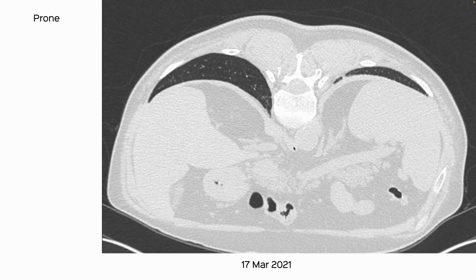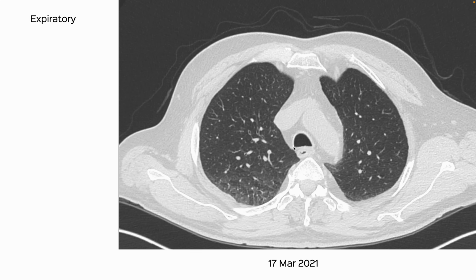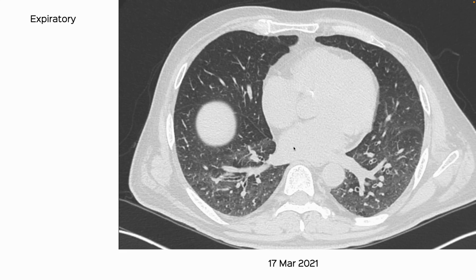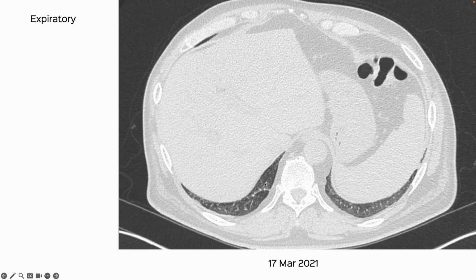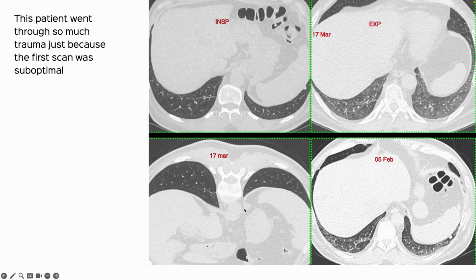You could, of course, argue that all the lesions have regressed, but when you look at the expiratory scan of this patient, it is similar to the first scan of that patient, which means that all of these findings were because the scan was not an end inspiration.